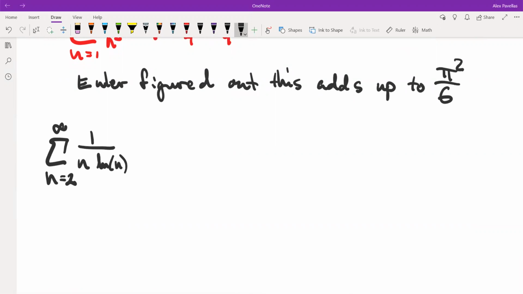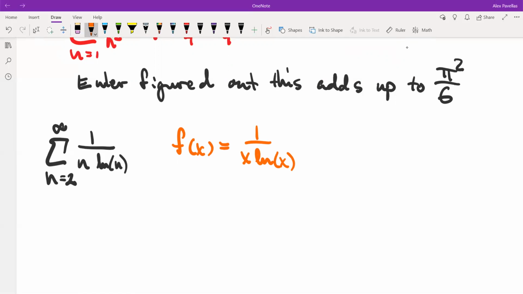Okay, so again, we're going to look at our function here. Our f of x is 1 over x log x. The reason I started at 2 is just because, well, the natural log of 1 is 0. And so, if the natural log of 1 is 0, then I can't plug in x equals 1 into here.